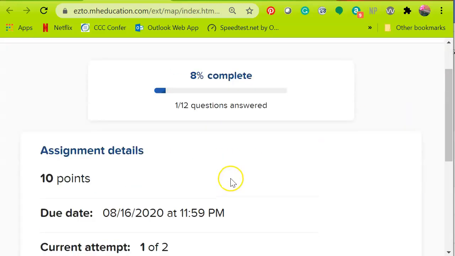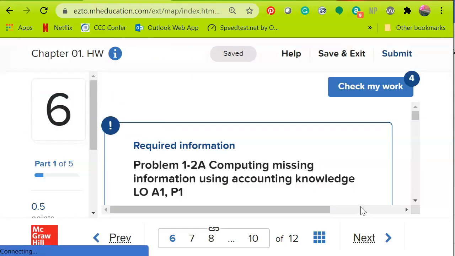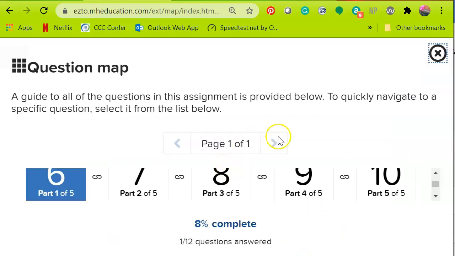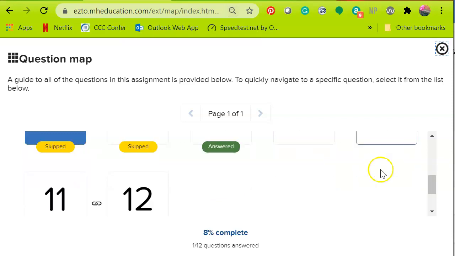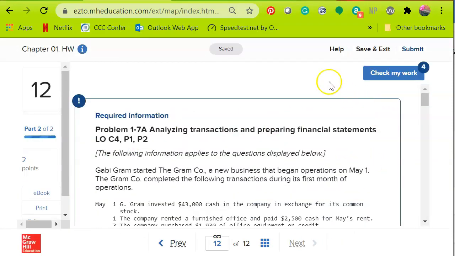I'm at 8% complete. So I'm going to continue, and I'm going to go to problem 12. I'm going to click on the little star thing, and we're going to look for the question that was not completed, question 12.